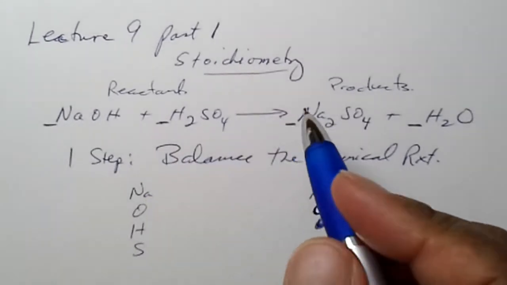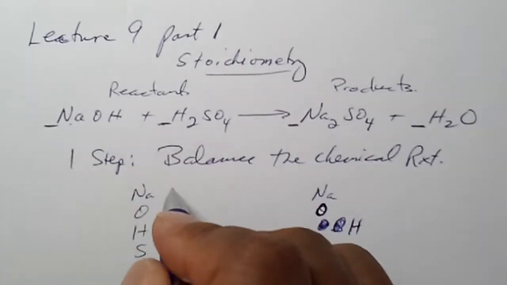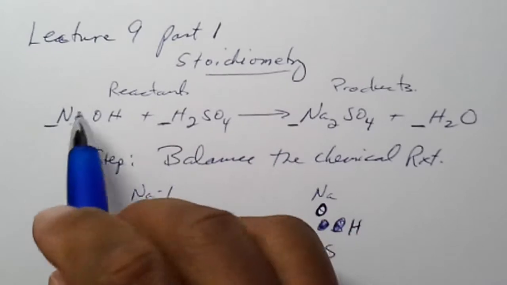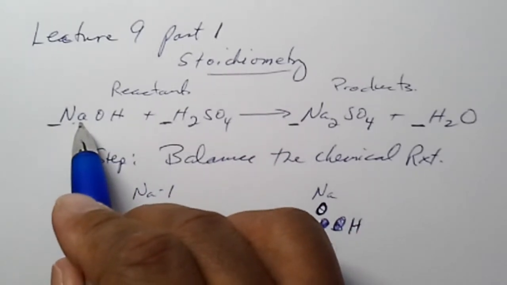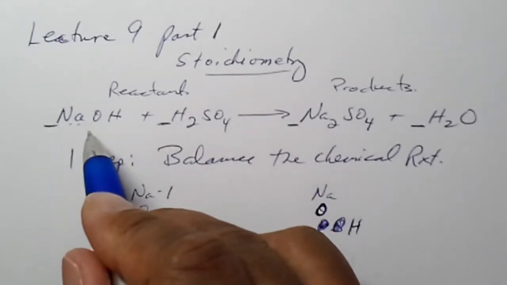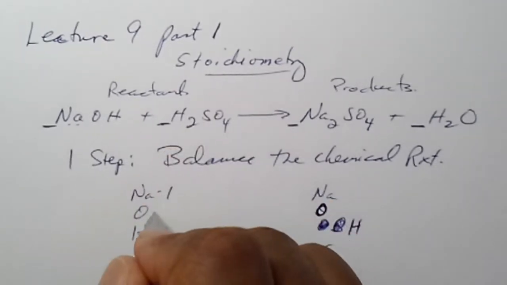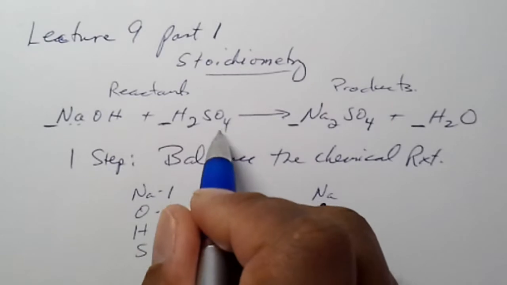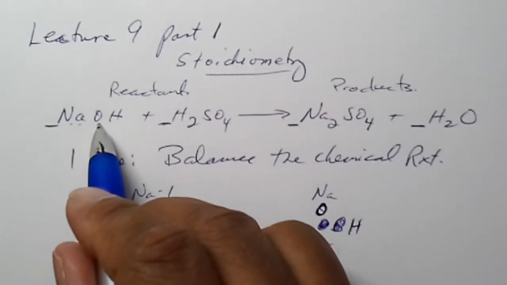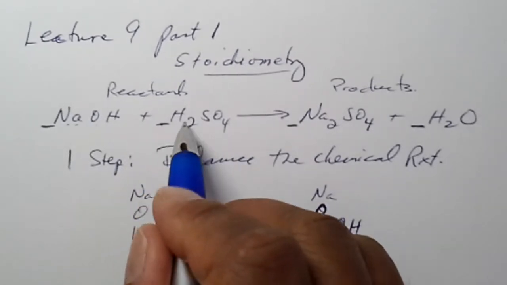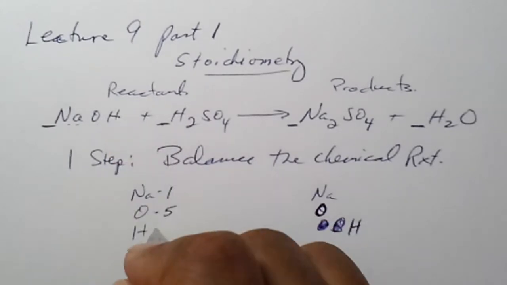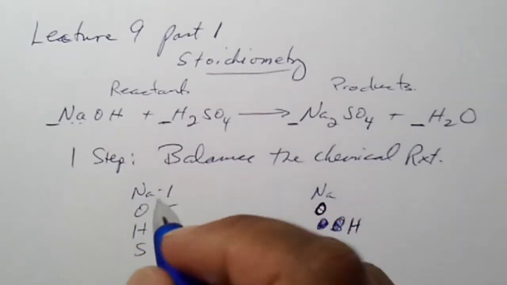So what do we have so far? We have one sodium atom on this side of the equation. We have how many oxygens? 1, 2, 3, 4, 5. 4 and 1. How many hydrogens? We have 2, 3. And how many sulfurs?